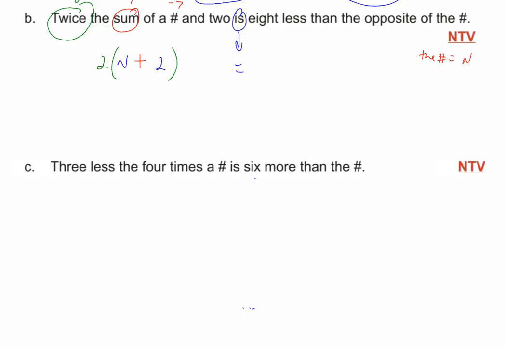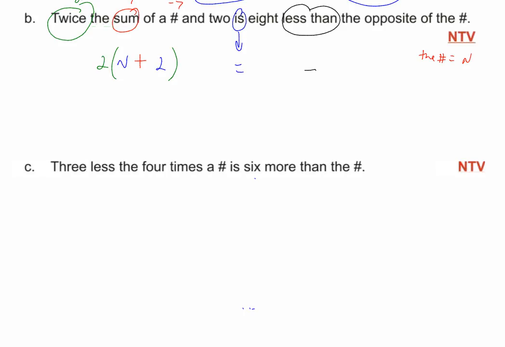Now we got to do the right side. So again, you're looking for operational words. And what kind of operational word do we have on the right side? Okay, and what are you going to use for a less than? I agree, that's a subtraction. And remember guys, we did problems like this earlier.